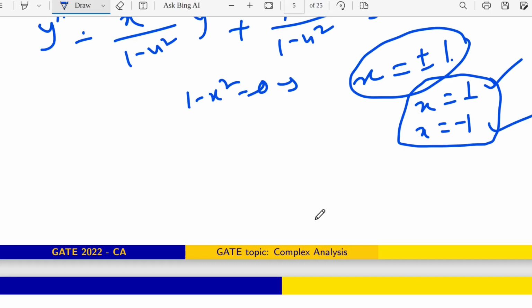That's why we can say x equals plus 1 and x equals minus 1 are regular singular points for the differential equation (1 minus x squared) y double prime minus x y prime plus 9y equals 0. So I have two answers for that question, x equals plus 1 and x equals minus 1.